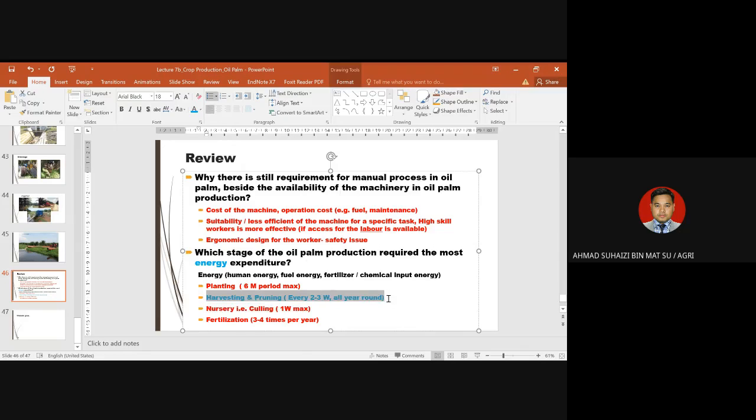Having said this, if you are involved with agronomic practice in oil palm, make sure this stage is critical to be improved, because it will affect the OER as well as the quality of the fruits, in terms of the time of harvesting and the time to transfer the fruits to the collection center.